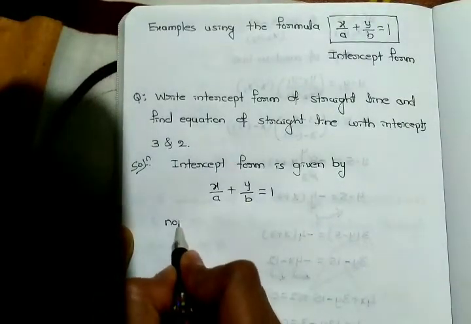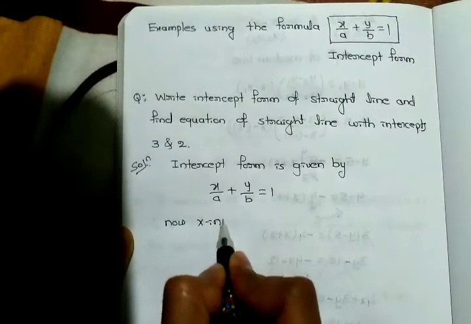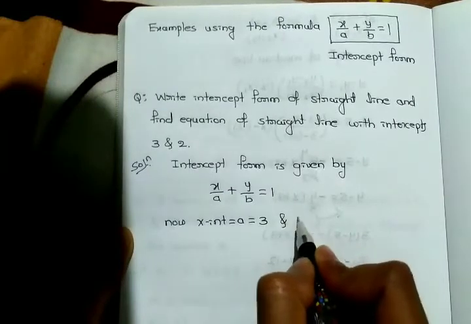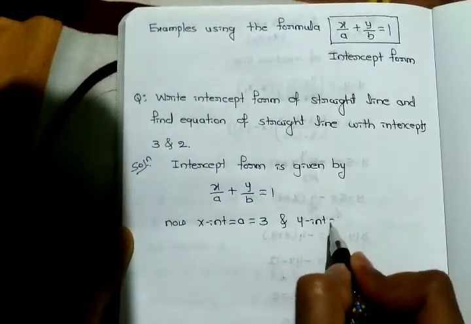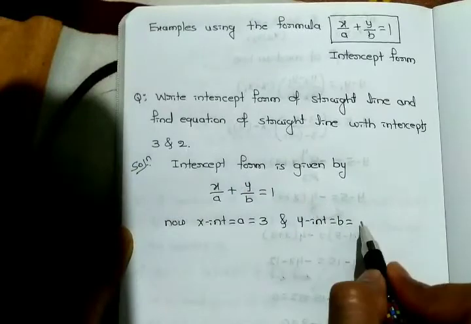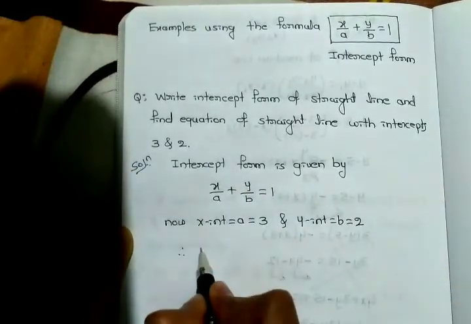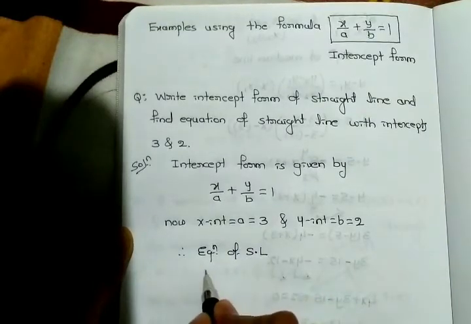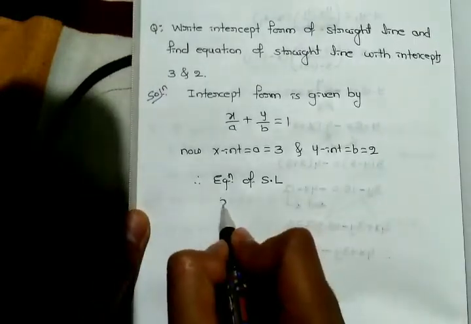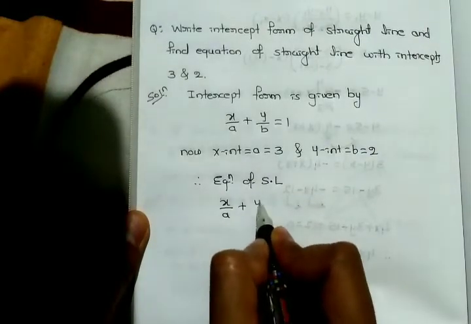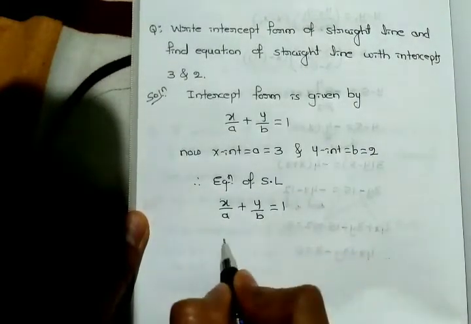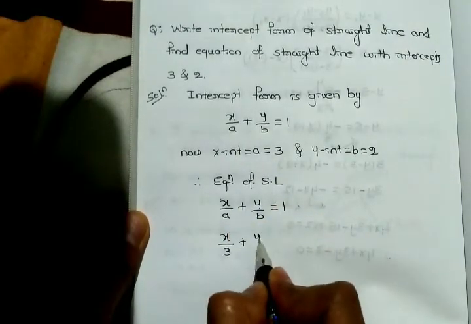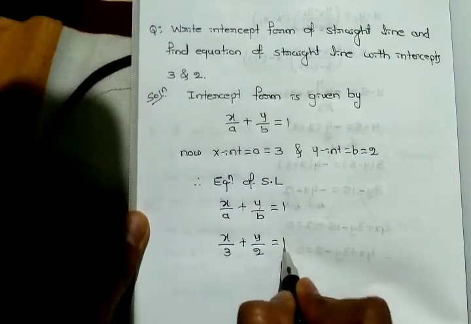So now x intercept, that is a, is equals to 3, and y intercept, that is b, is equals to how much it is? 2. Therefore equation of straight line, x divided by a plus y divided by b is equals to 1. Substitute x upon a is 3 plus y upon b is 2 is equals to 1.